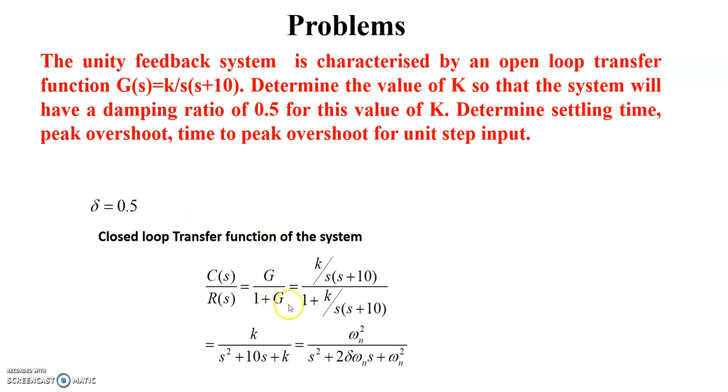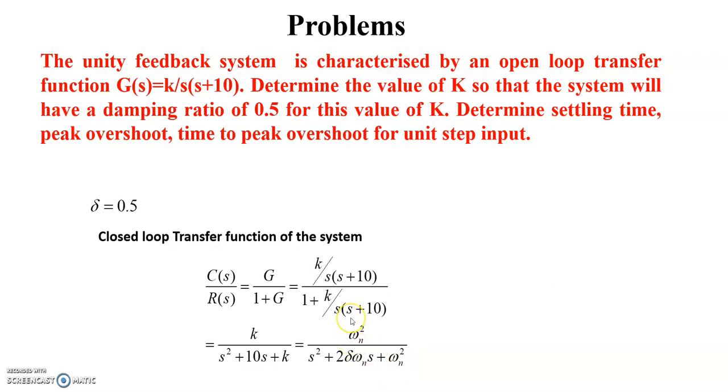That is G of s by 1 plus G of s, where G of s is K by s into (s plus 10), so K by s into (s plus 10) divided by 1 plus K by s into (s plus 10). You can rearrange and find K by s square plus 10s plus K. This is a standard second order system, equivalent to omega n square by s square plus 2 zeta omega n s plus omega n square.